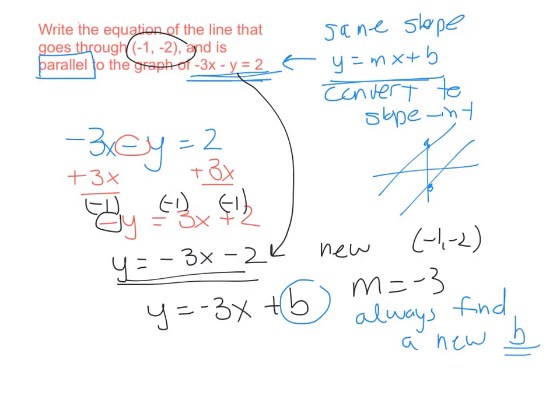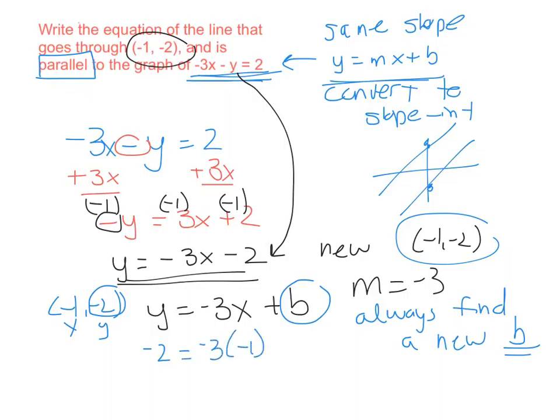So you can always find a new y-intercept or a new b. So in order to find that new b, fortunately, they've given me a point, -1, -2. And that is my x and my y. Those are points that I can use for my x and y in this equation. So I'm going to substitute in -2 equals -3 times -1 plus b.